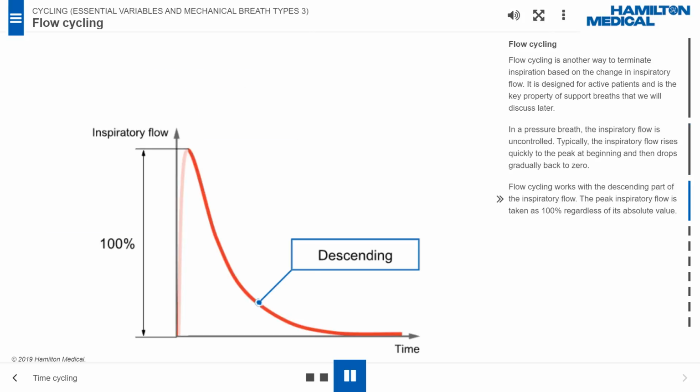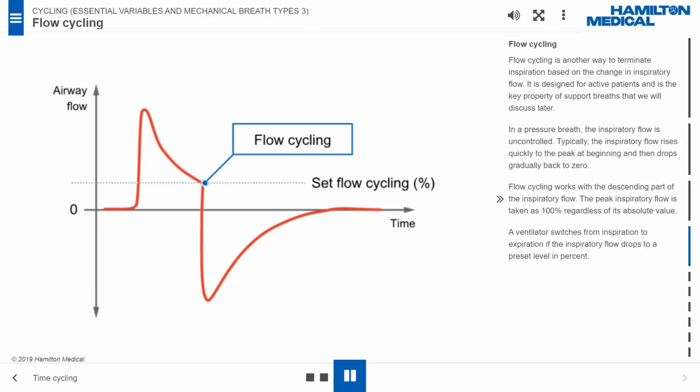Flow cycling works with the descending part of the inspiratory flow. The peak inspiratory flow is taken as 100% regardless of its absolute value. A ventilator switches from inspiration to expiration if the inspiratory flow drops to a preset level in percent.